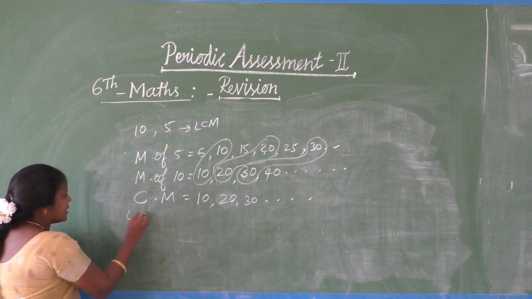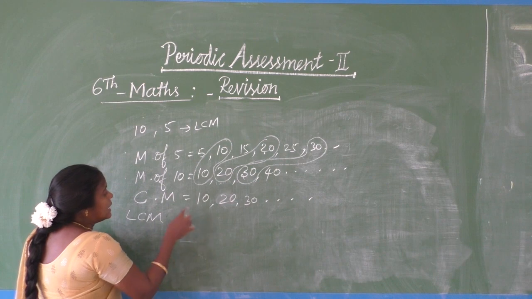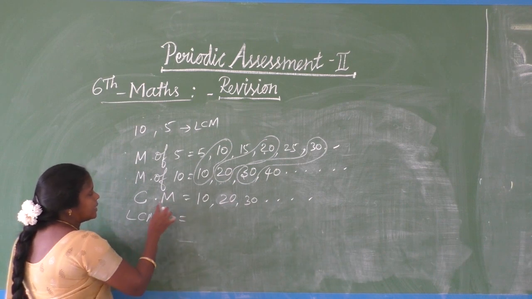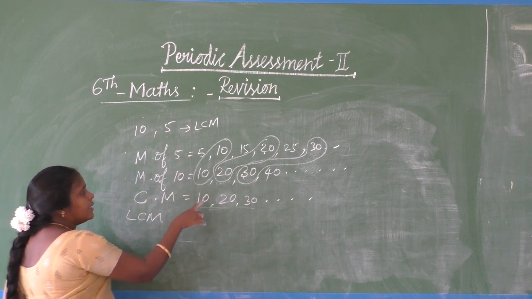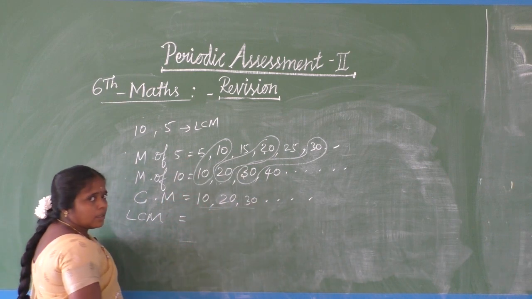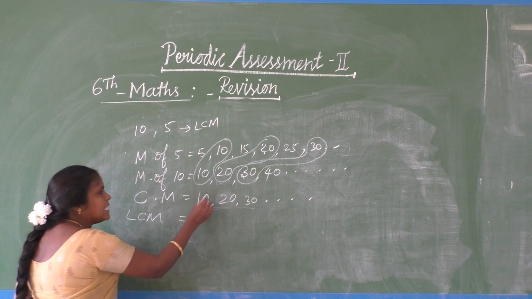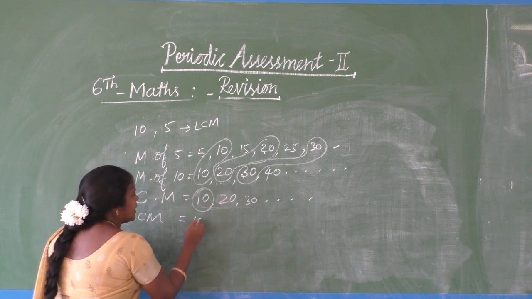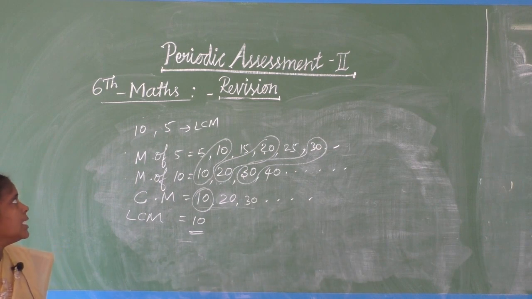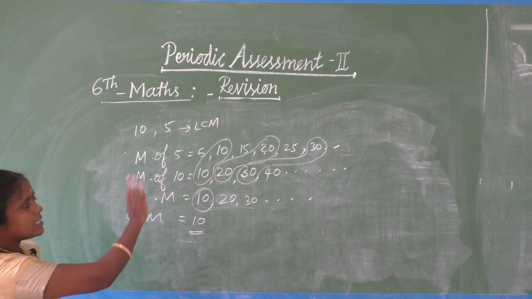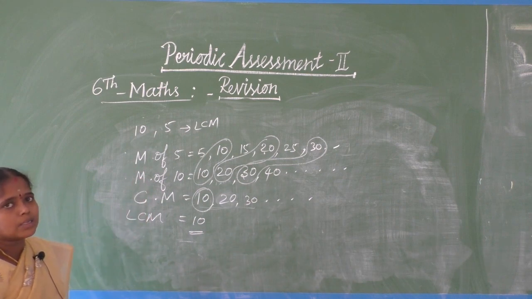So LCM, least common multiple. In the common multiples category, we have picked up 10, 20, 30 as the common multiples. In that, which is the least? 10. That means 10 is the LCM of the given two numbers 5, 10. Clear, children?